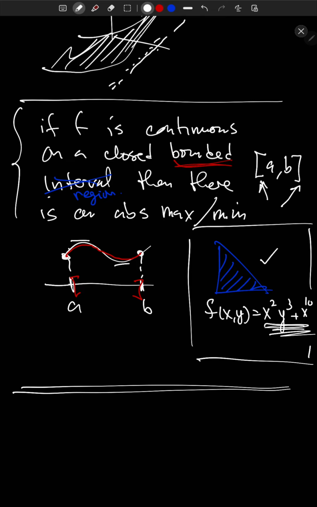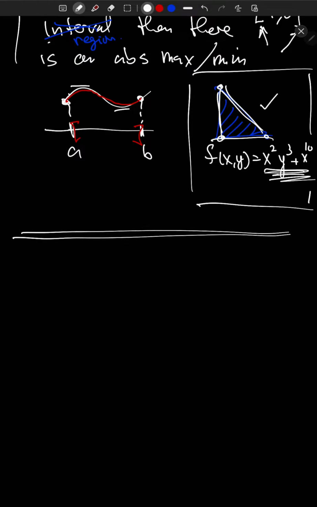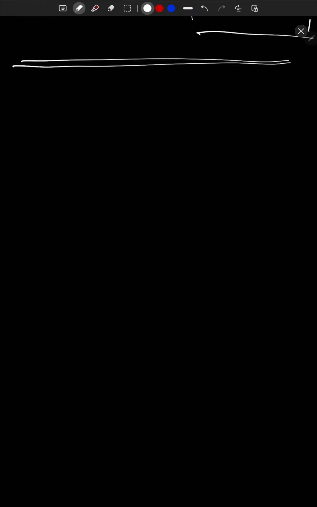But no matter what, you better say some words about the boundary when you do the problem. Either say, I'm going to do the calculations on the boundary, or the max or min cannot be at the boundary because of such and such. You better say some words about why you're not considering the boundary if you're not doing any explicit computations.